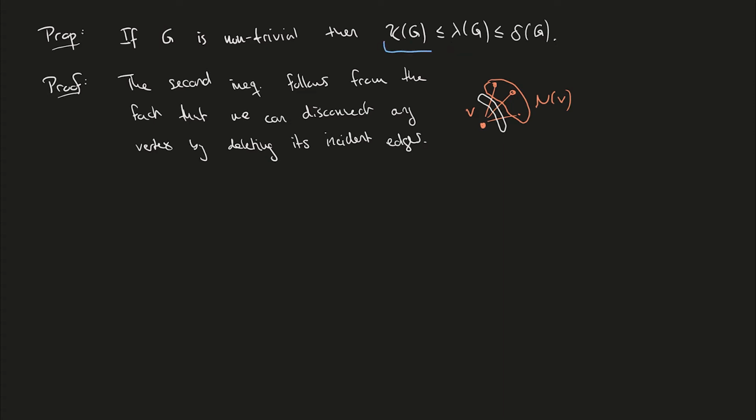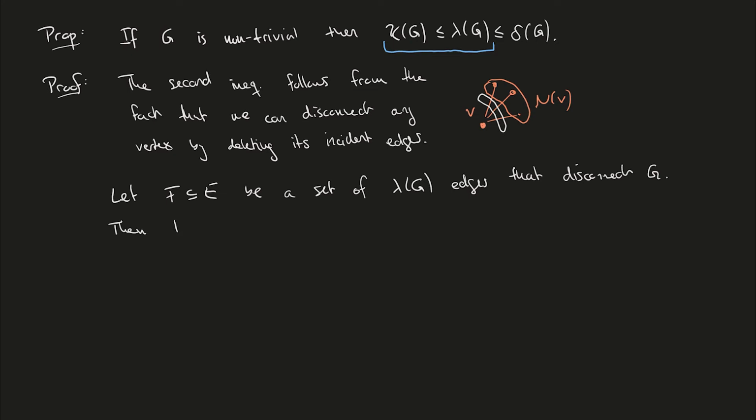Now let's focus on the other inequality, and if we can prove this, then we're done with the proof. We first take some minimal set of edges that separate G. So let F, this is a set of edges, be a set of lambda G edges that disconnect G. Then F is a minimal separating set.